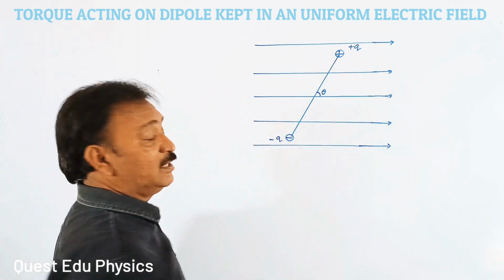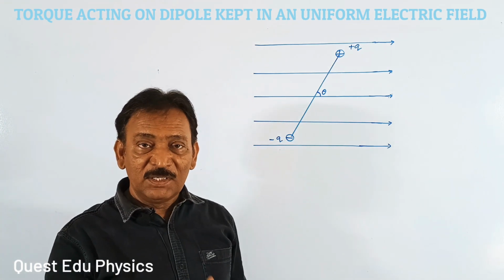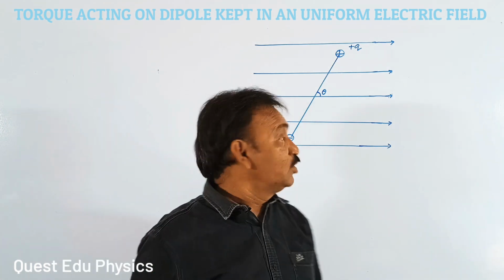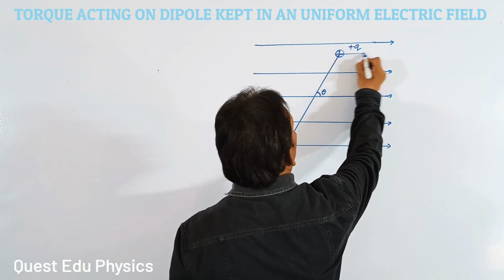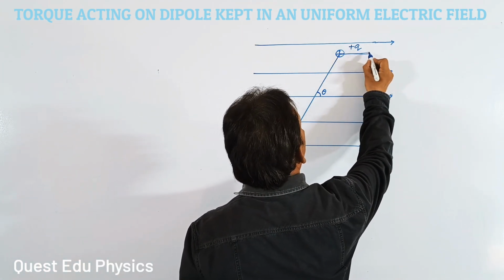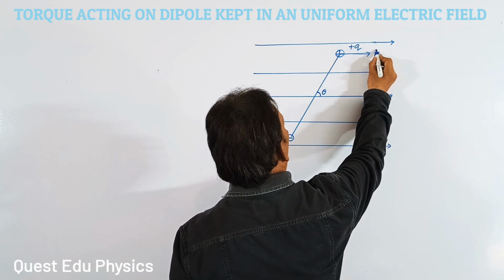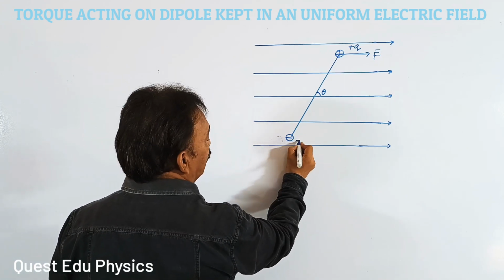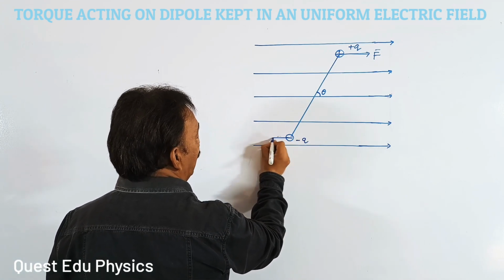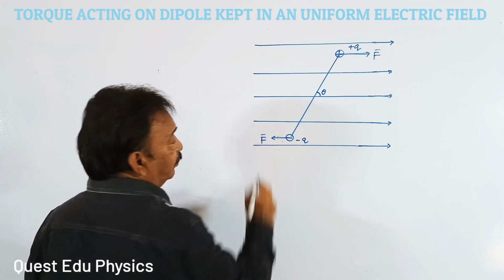And these charges experience a force, students. The direction of the force on this positive charge is this, and its magnitude is F bar. In the same way, for this negative charge, the force acts in this direction, which we call F bar.